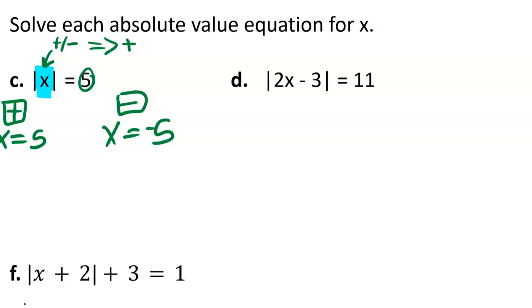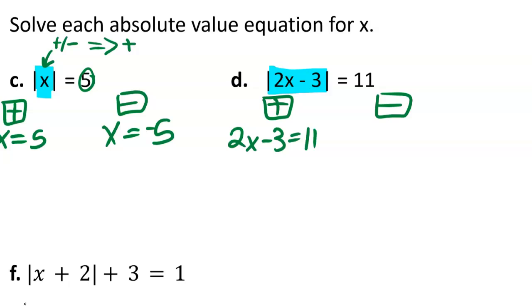All right, let's look at D. We want to isolate the absolute value. It's already isolated, so we go right into our positive and negative solution. We'll have 2x minus 3 equals 11 on one side, and 2x minus 3 equals what? Negative 11. Good.